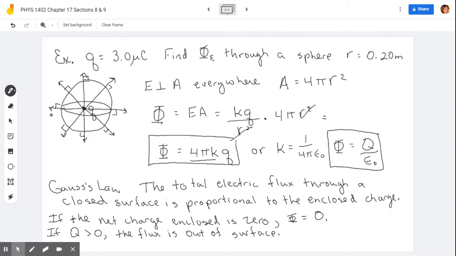Notice how the lines of force are away, so we would think of having a positive flux or the electric field lines traveling out of the surface. If we have a negative charge, then the flux is into the surface.